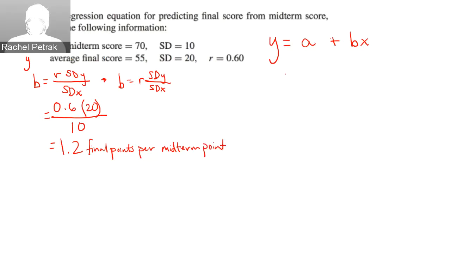So in our eventual constructing of our regression equation, we're halfway there. We're going to have a 1.2 times x here for our slope. But we still need to find our intercept.